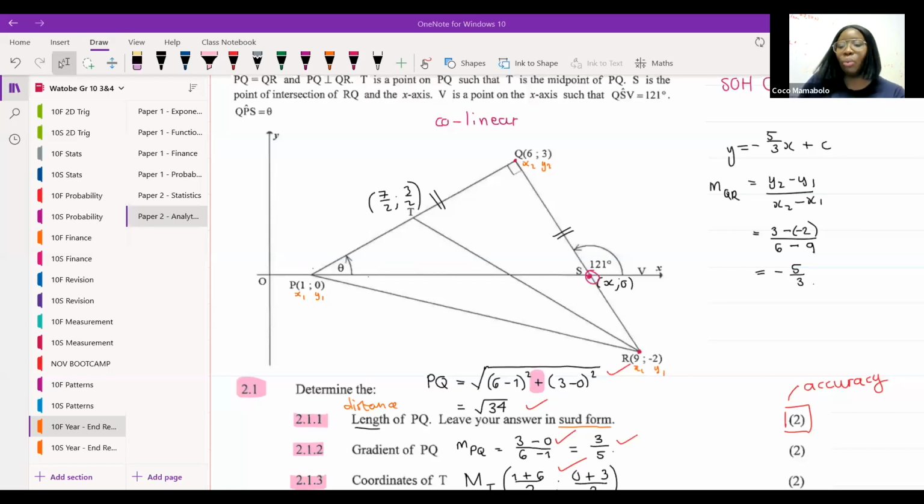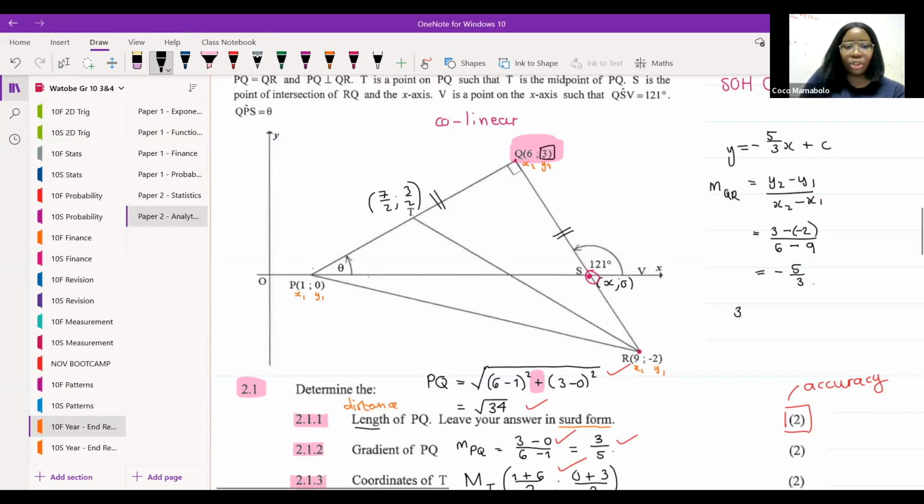Okay, all right. We can't just substitute x equal to 0 yet, because if we substitute that x is equal to 0, we're going to get y is equal to c. So what we need to do is substitute one of these points. Maybe let's take that one. We're going to use that x coordinate and that y coordinate. My y value over here is 3.